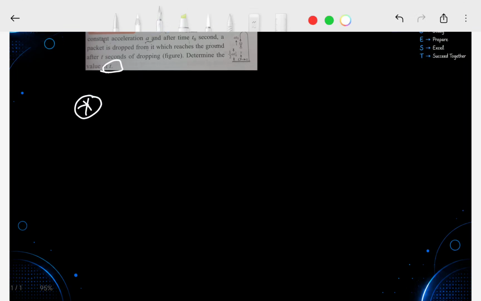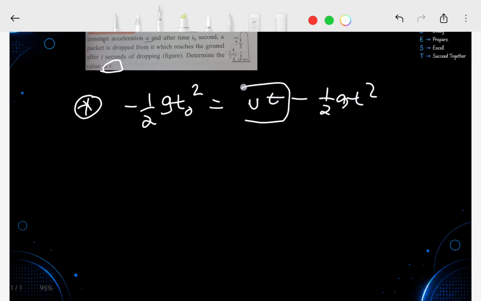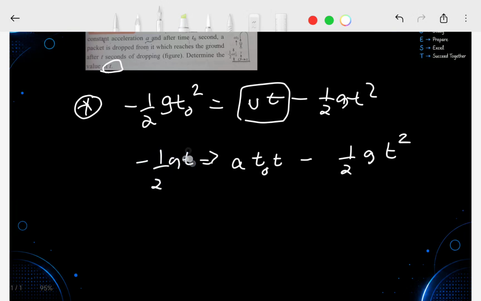Let's write the relation again: half g t naught square is equal to u t minus half g t square. Now u will be a t naught, and this will be a t naught t minus half g t square, and here I can write half a t naught square.